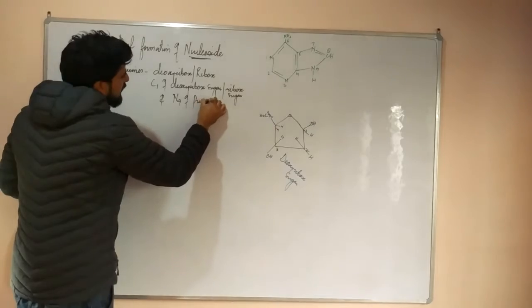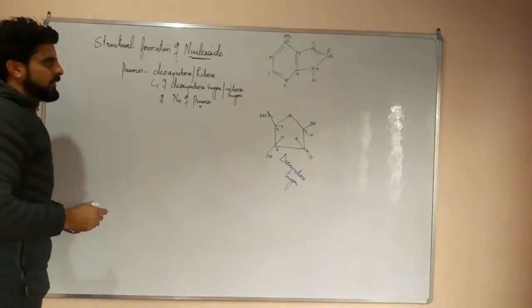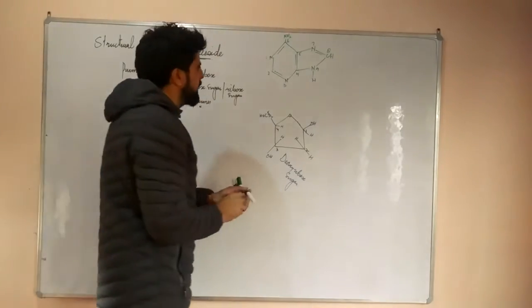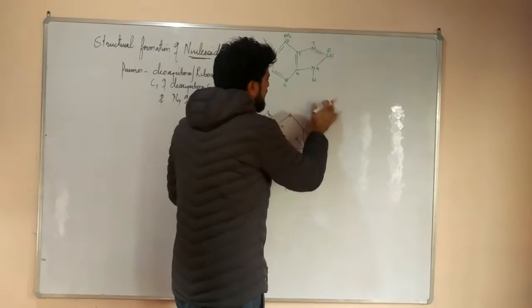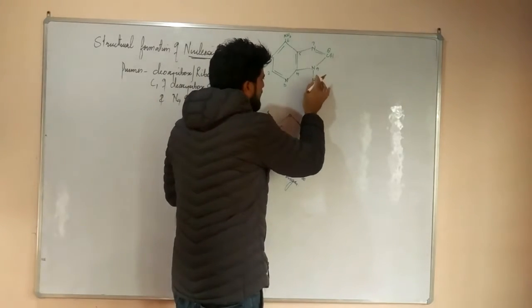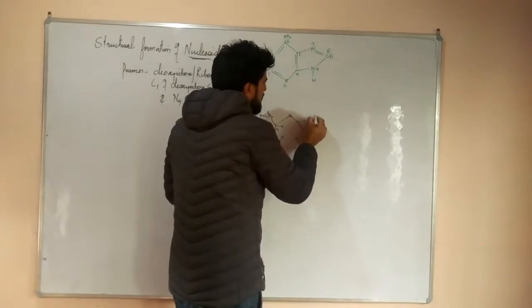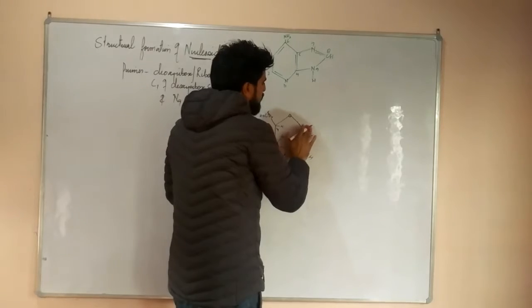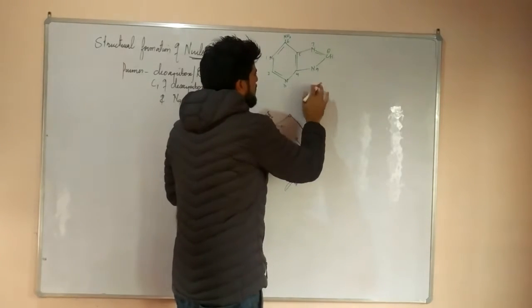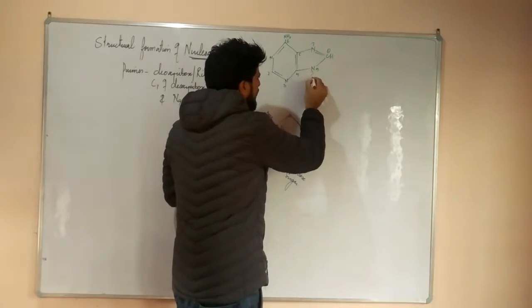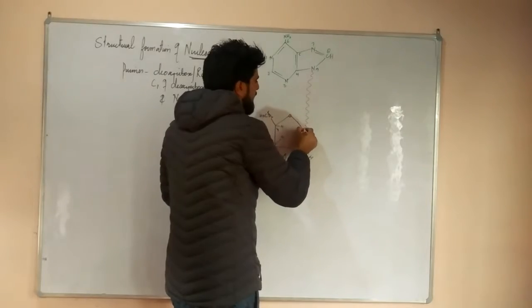The purine may be adenine or it may be guanine. When the bond formation takes place, water is released here; this H and this OH combine together and water is released. So we have the release of water and the bond is formed between N9 and C1.